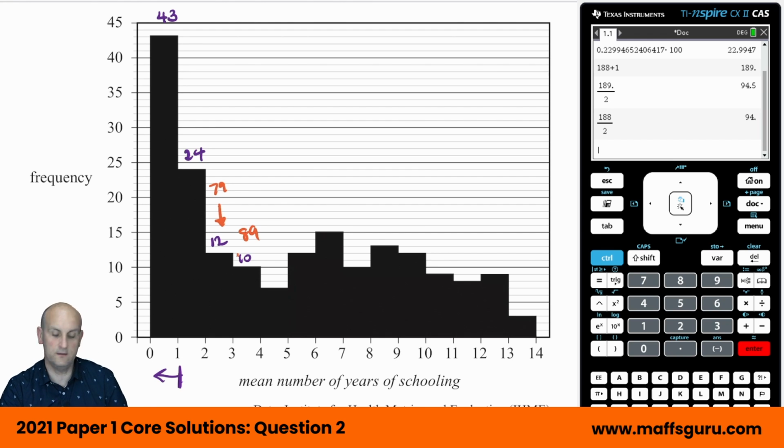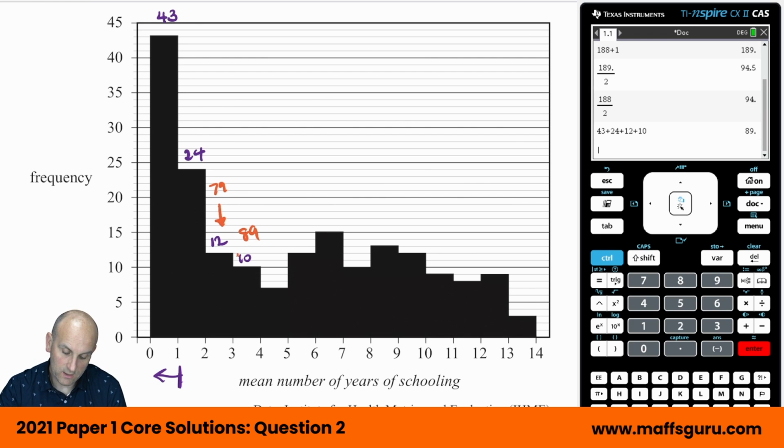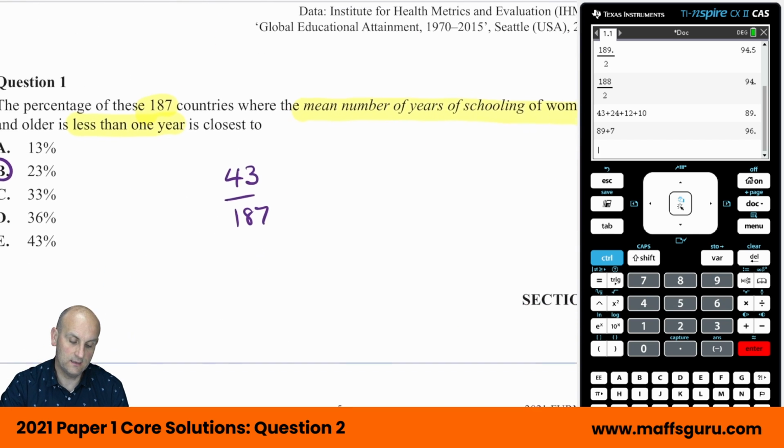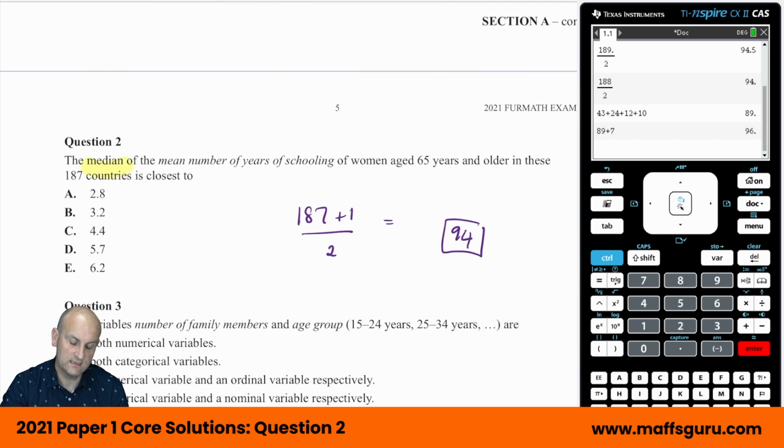And we wanted the 94th data item. How many in there? 4, 5, 6, 7. 89 plus 7 gives me 96. So up to and including this bar here, there are 96. We want the 94th, so our median must fall somewhere between 4 and 5. And so the one that falls between 4 and 5 would be C, 4.4.